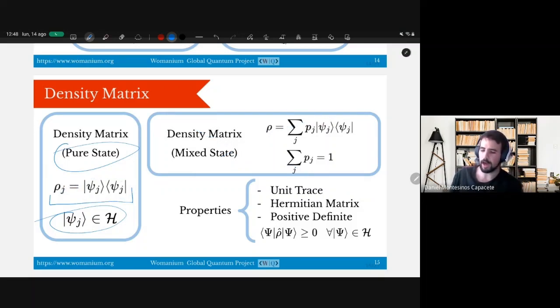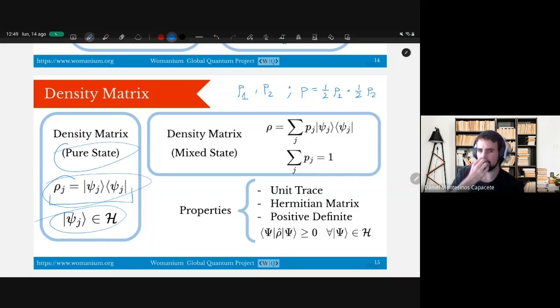A mixed state is something a little more difficult, but it's just a linear combination of pure state density matrices. If you have, for example, rho 1 and rho 2, different density matrices out of different states, you can have a mixed state that is, for example, 1/2 rho 1 plus 1/2 rho 2.